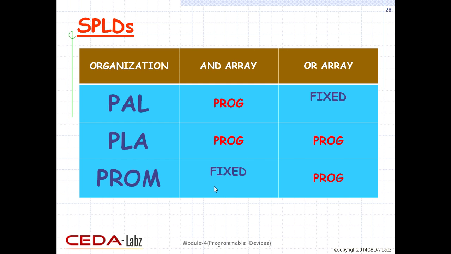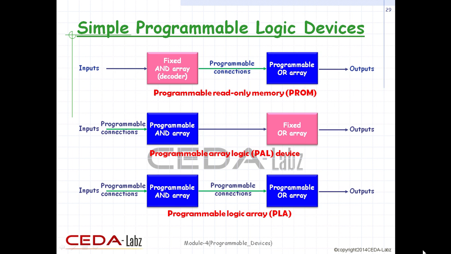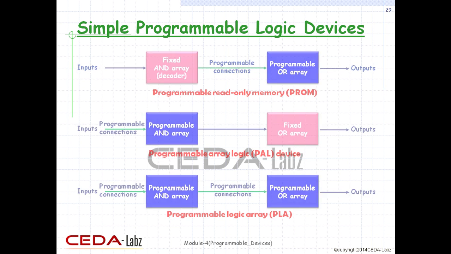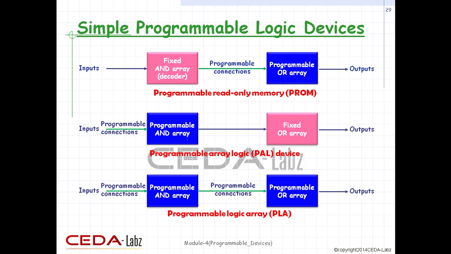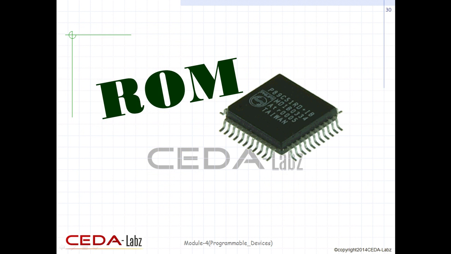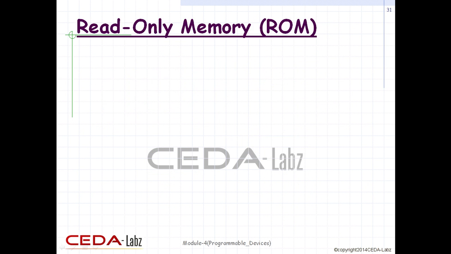In PROM, the AND array plane is fixed, whereas the OR array plane is programmable. In this slide, all the types of SPLDs, which we discussed in the previous slides, are in block diagram form. The programmable plane in each PROM, PLA and PAL is shown in blue color and the fixed plane is shown in pink color.